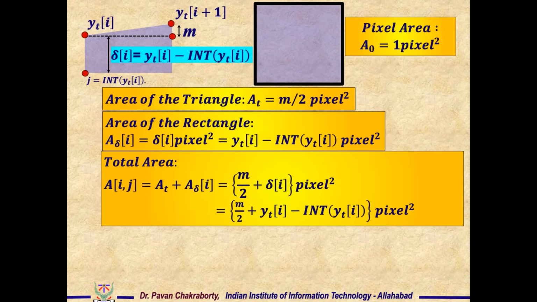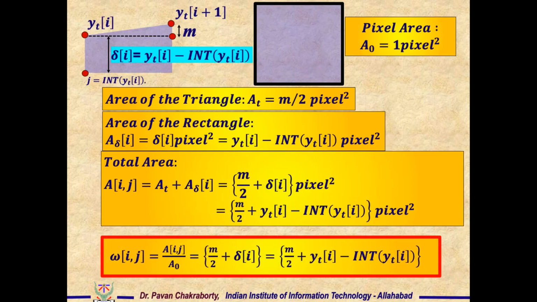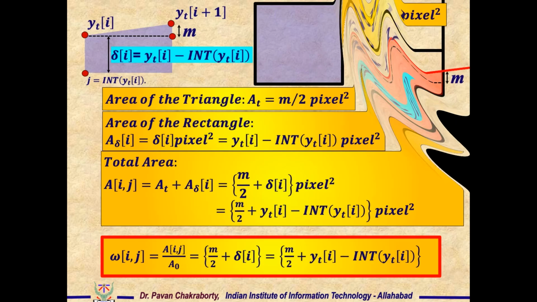So if the total area of the pixel is A naught, which is basically 1 pixel square, then the weight factor, which is defined as the area aij upon A naught, is basically the area aij, since it is in pixels, as given in the equation below.